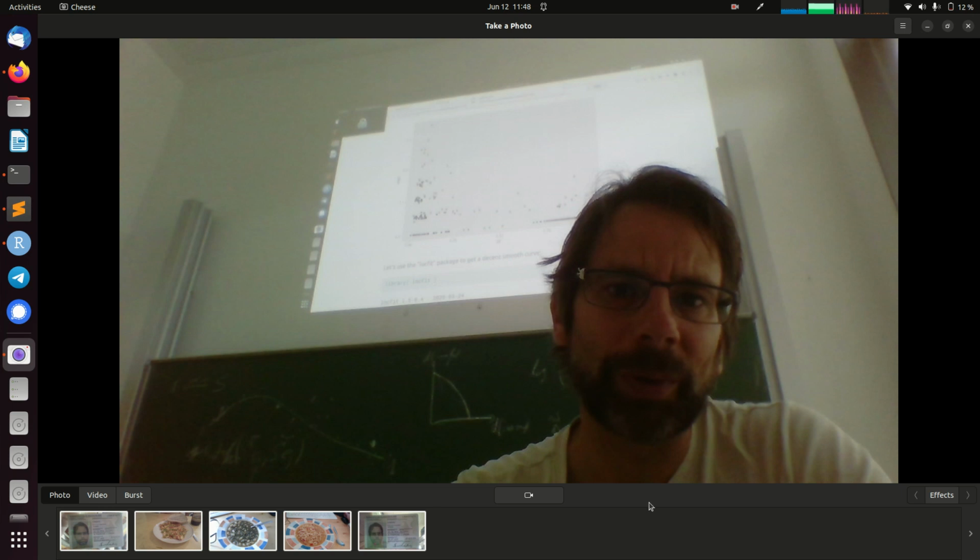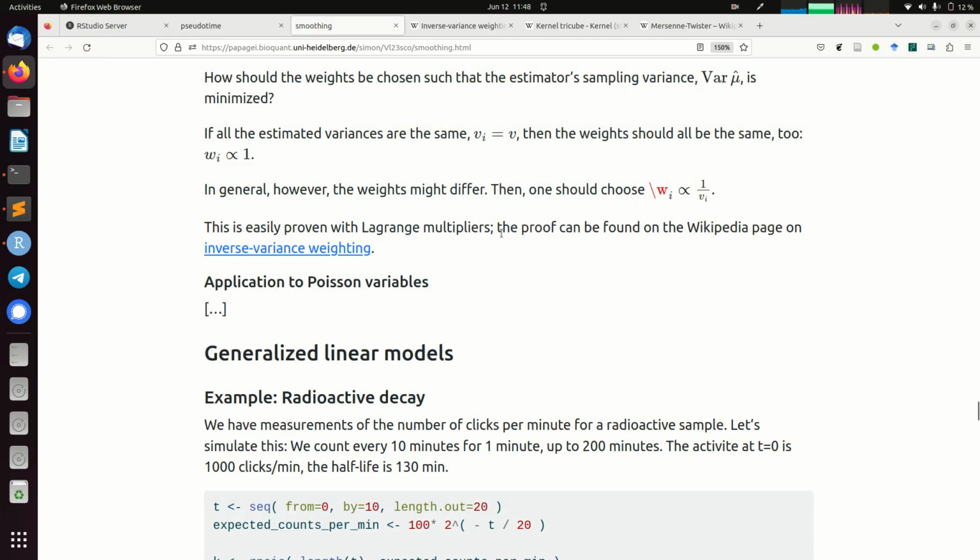Why does this now here stand on take a photo? The hope was actually that it stands on video so that people can see on the work, whatever.